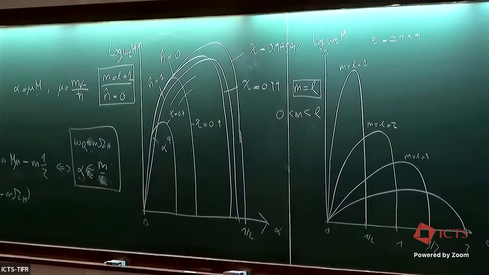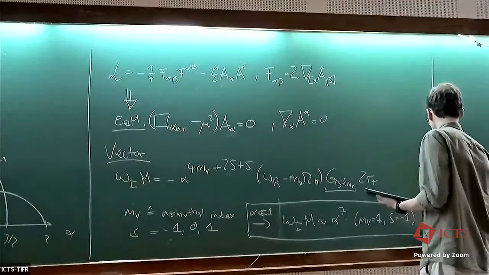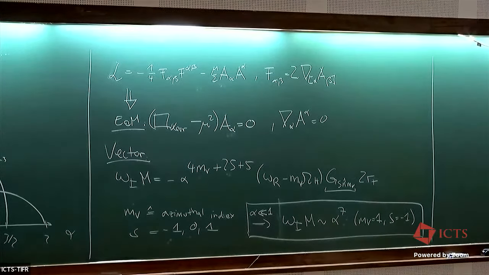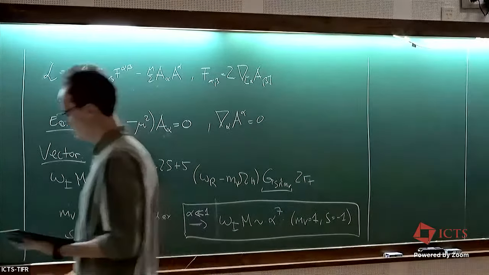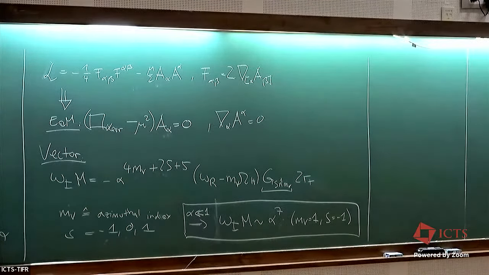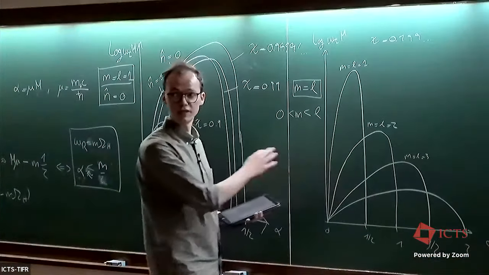Okay, so now we understand where in the parameter space there is an instability to start with, which is basically when there is a mode that satisfies the superradiance condition. And we also understand which mode satisfies the superradiance condition, where in the parameter space.